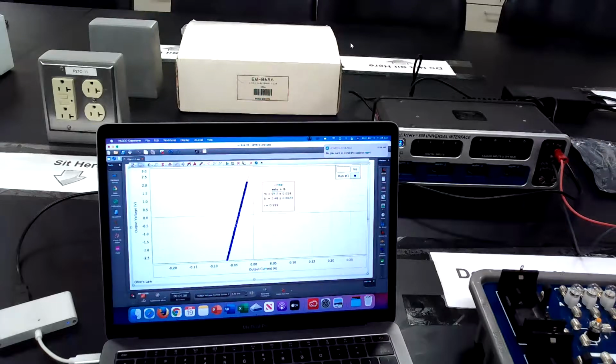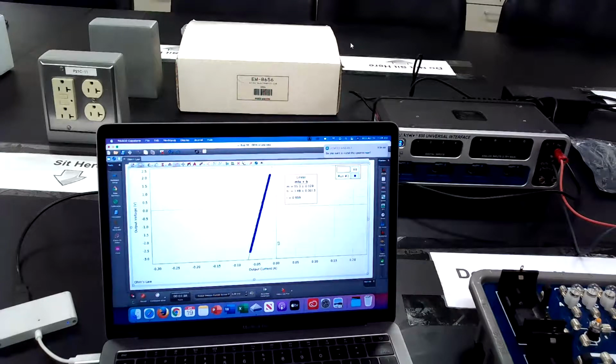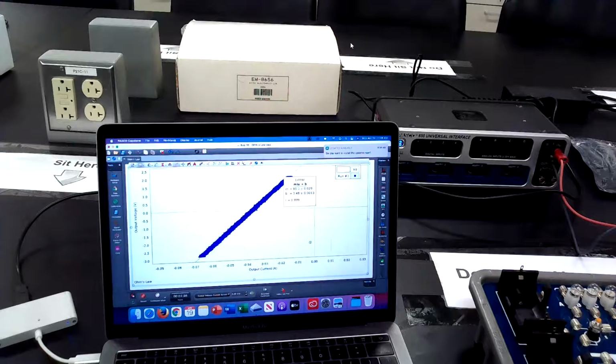Okay, notice how this looks. All right, let me go ahead and stop it. And actually here we see some of the problems that we have with the equipment. It's a little bit offset, if you will. See how it's not quite going through the origin like it should? So that's fine. We're going to stretch this out this way. And notice on this particular run, the slope was not quite on the resistance.